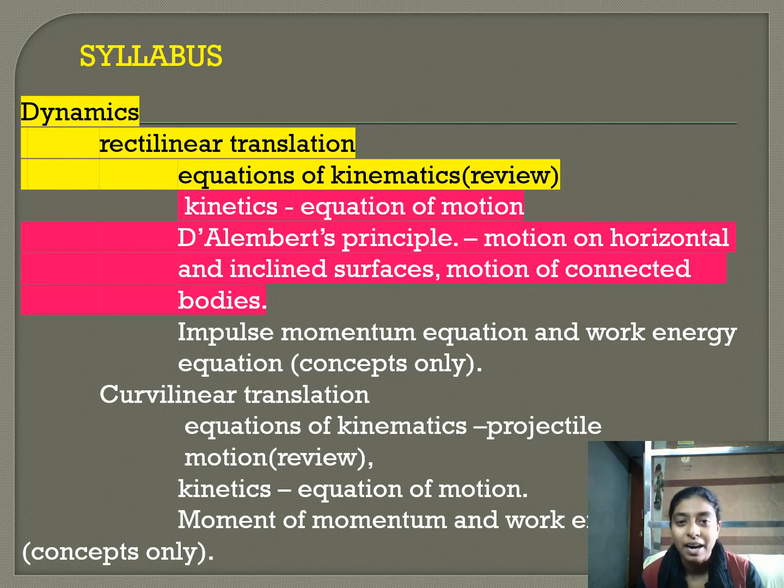So in the second part, we are going to study the relationship between the forces using the equation of motion for kinetics, that is nothing but Newton's second law. Then the extension of Newton's second law is D'Alembert's principle. Using D'Alembert's principle, we will find the motion of bodies on horizontal surface, inclined surface, and when two or more bodies are connected.